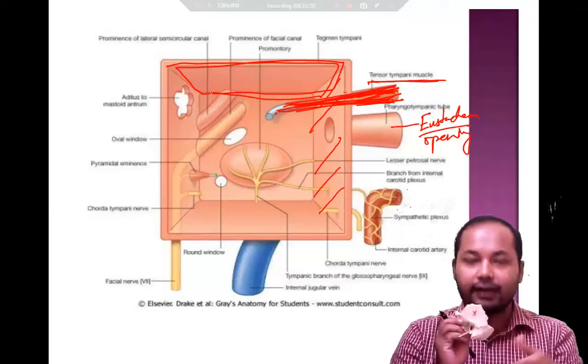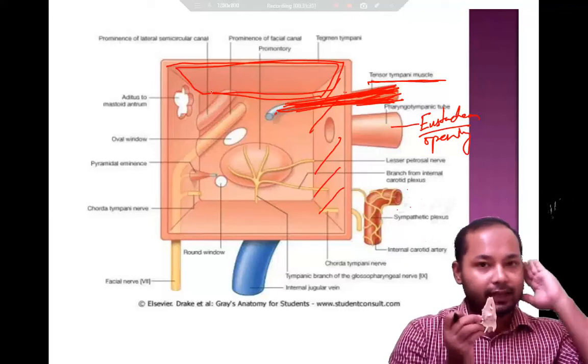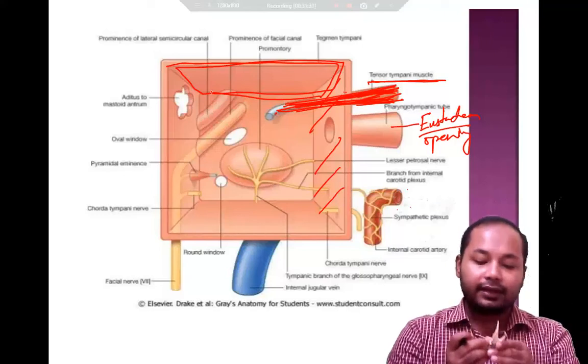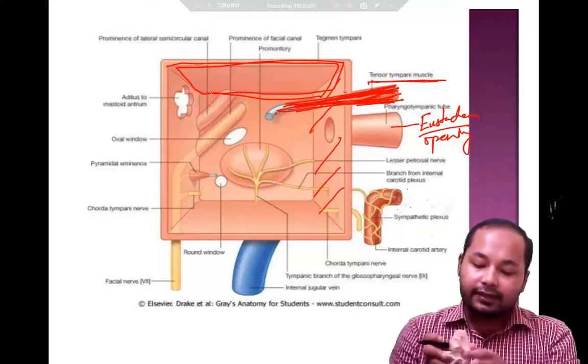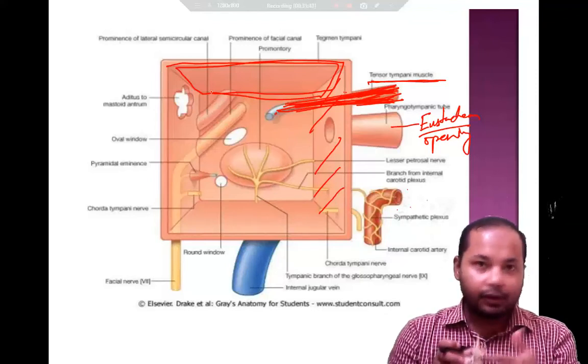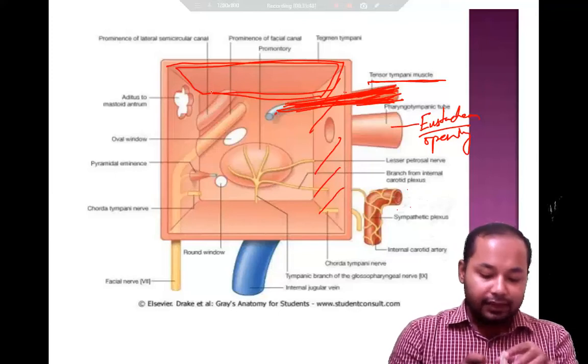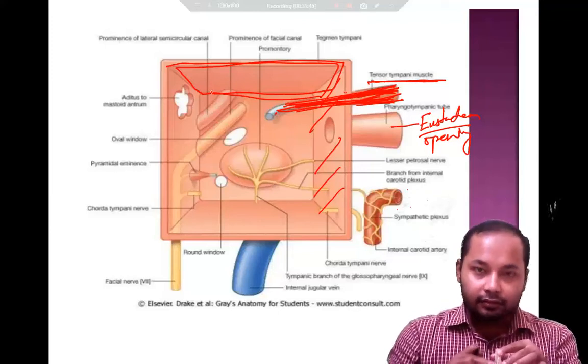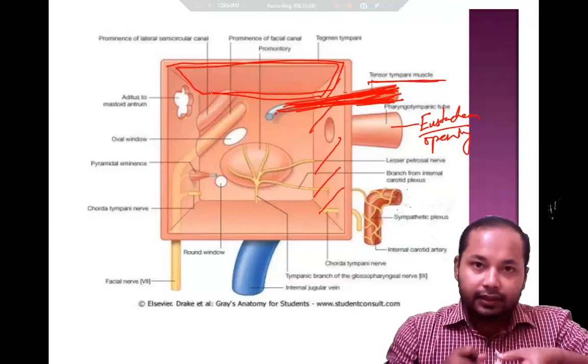You have your eyes anteriorly, not ears. Then if this is the external auditory meatus, somewhere here, inside, if I go, I will get the middle ear. So the middle ear's roof is this one. This is the middle ear roof.